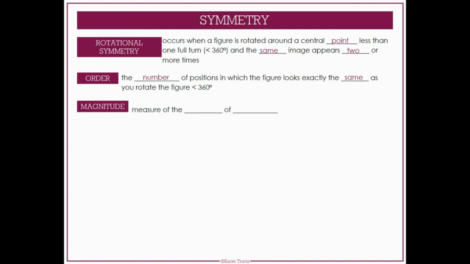Lastly, we have the magnitude. The magnitude is the measure of the angle of rotation. As you check whether you have rotational symmetry or not, you have to be able to tell me what the order is and how much the magnitude is.